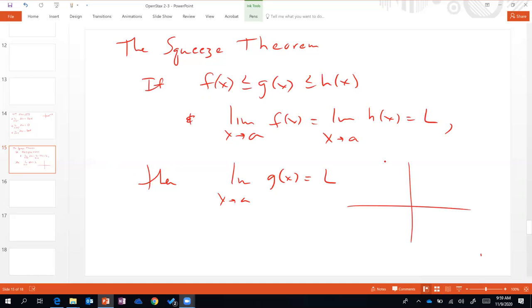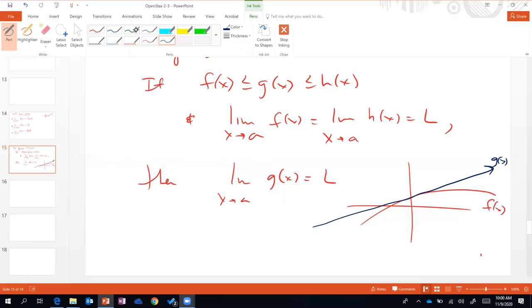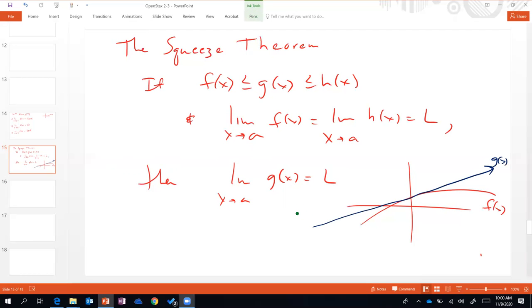Let's say this is f of x right here. Here's going to be g of x. That's kind of the way we write it usually, and h of x.